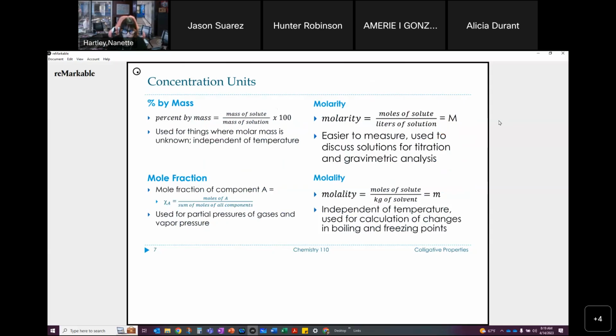We also have a term called molality, because the thing that you may or may not note is that molarity is in liters of solution. Well, the liters that I have are dependent on the temperature. As I raise the temperature, that volume changes. It gets bigger as temperature goes up. So this is temperature dependent. My molarity is dependent on T. Molality, on the other hand, because of the way it's defined in kilograms of solvent, is temperature independent.